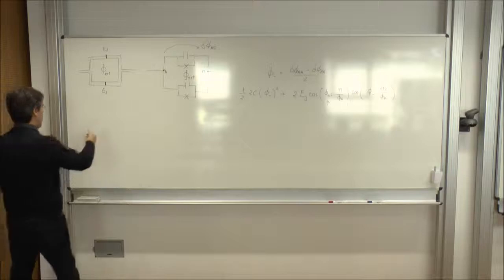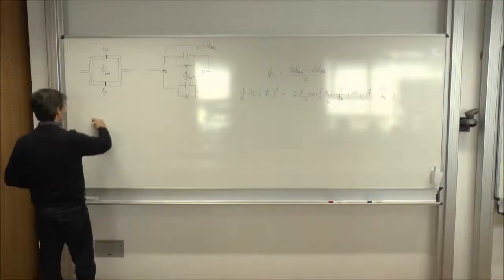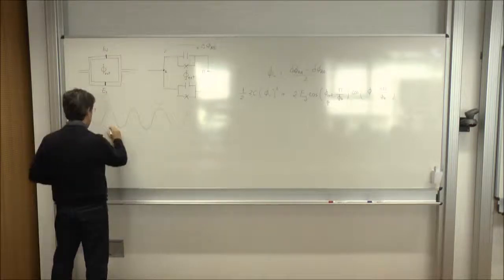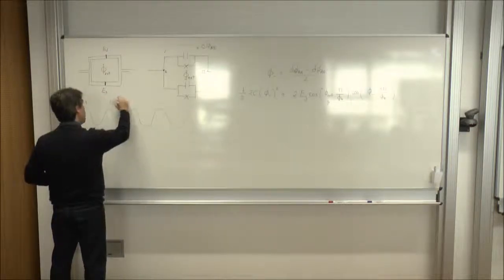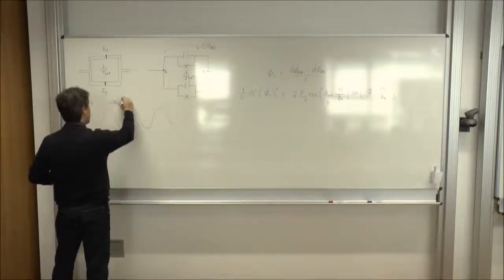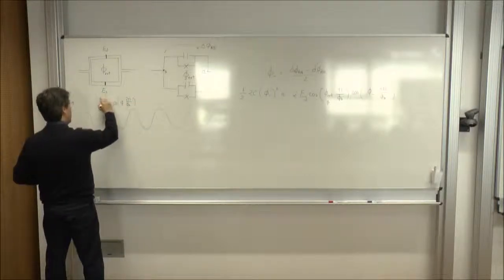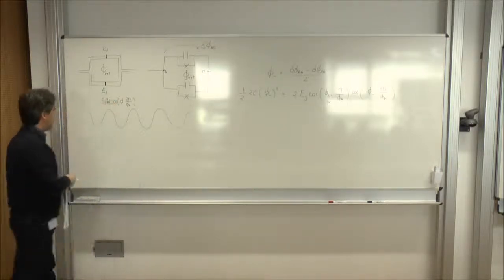So you have, basically, this cosine potential of phi, 2 pi phi over phi 0, with some EJ that depends on this external flux.